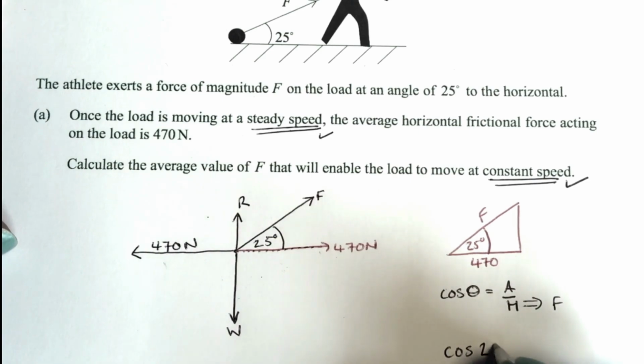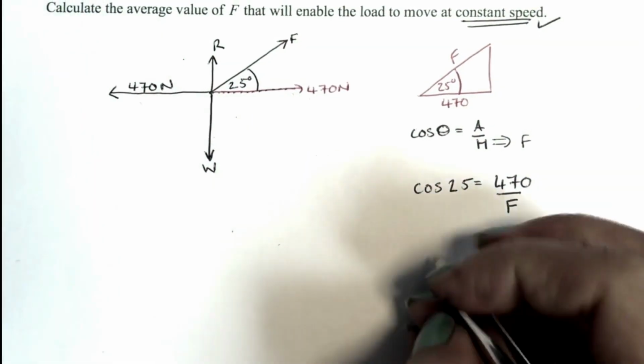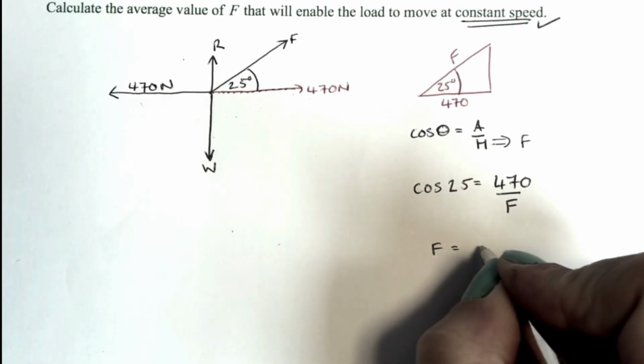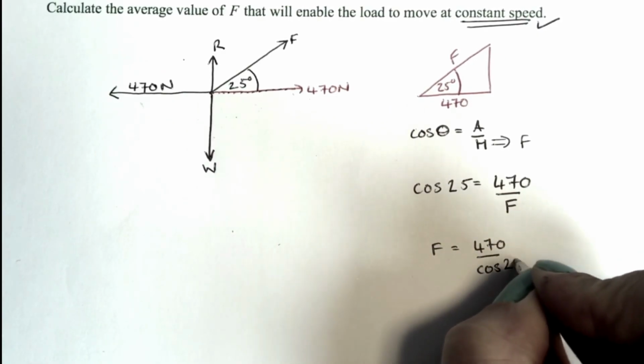Cos 25 equals 470 over F. Therefore, F equals 470 divided by cos 25.